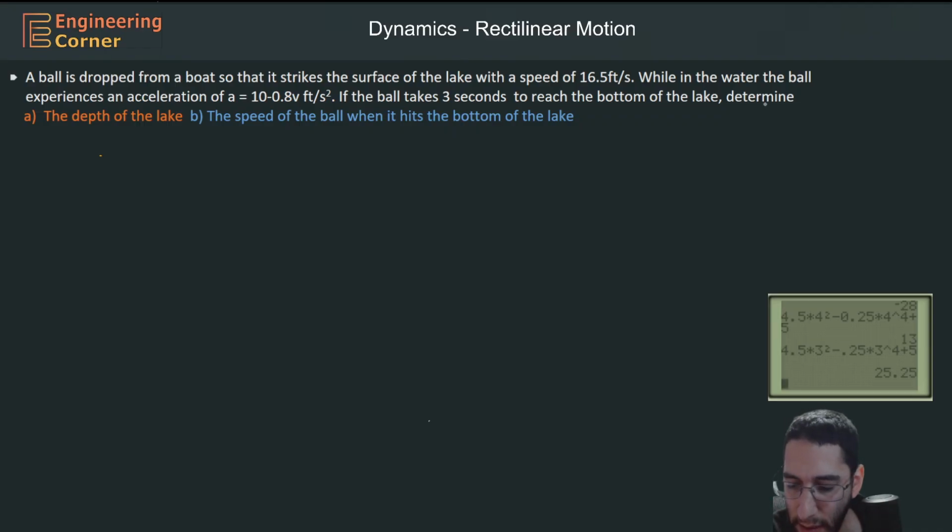So in this case, our acceleration is a function of velocity. However, we still need to figure out which function to use. Is acceleration dv dt, or should I use acceleration is v dv dx?